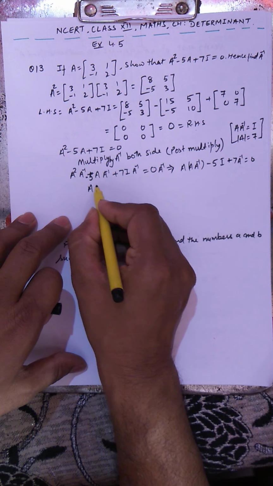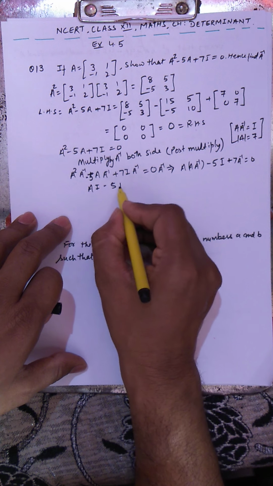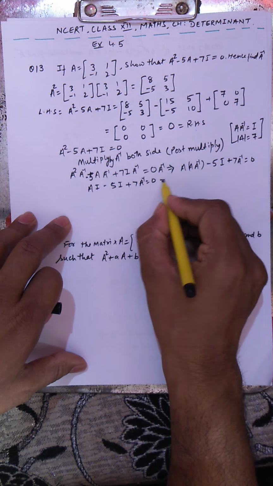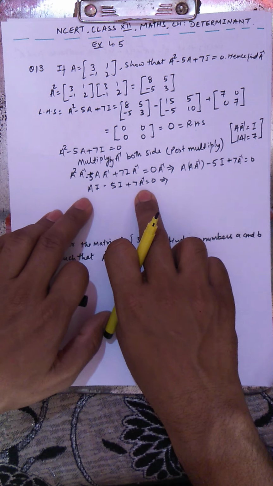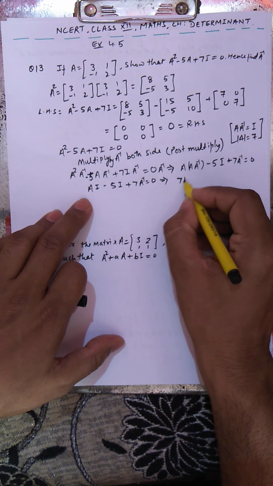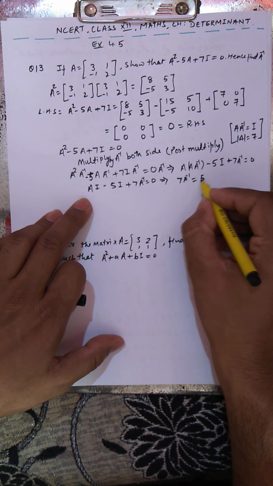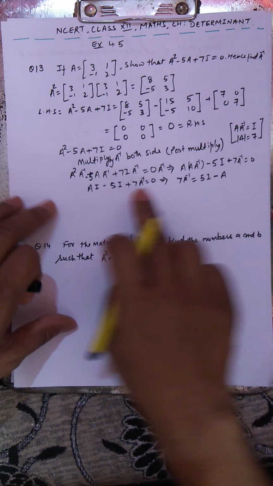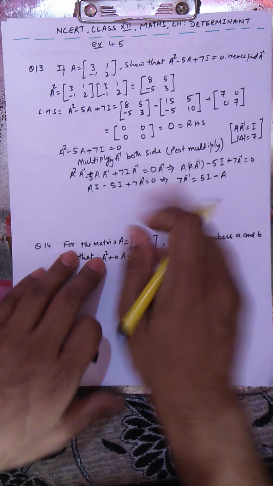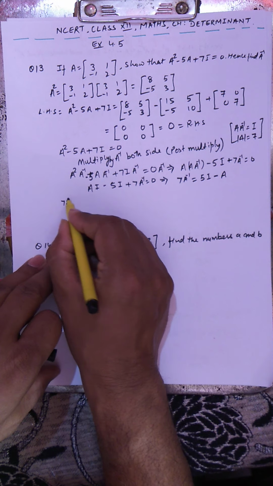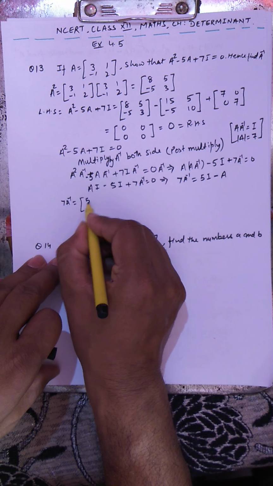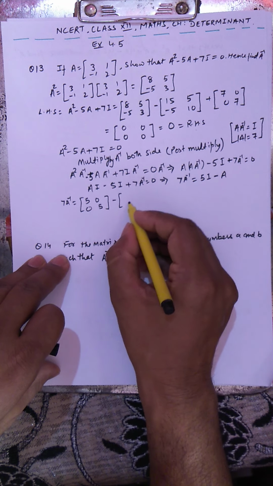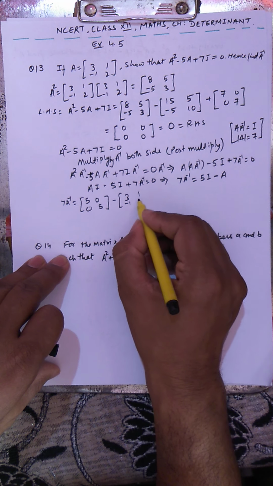So this is A inverse minus 5I plus 7A inverse equal to 0. Now from here you can see that 7A inverse will be 5I minus A. So we'll first calculate 5I minus A. So 5I means 5 0 0 5, and A we have is 3 minus 1 1 2.